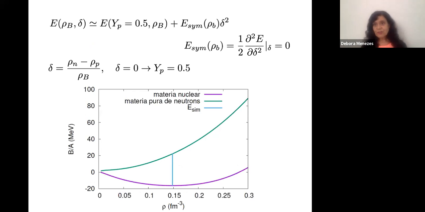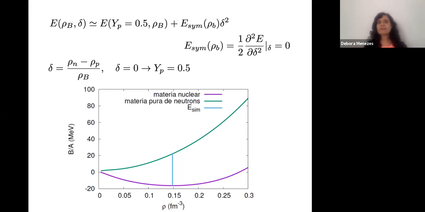And then there is another ingredient which is very important, that's the symmetry energy. How do we define this quantity? The energy of the system in terms of its baryonic density and its asymmetry, which I'm going to call delta, is proportional to the energy of a symmetric system plus the symmetry energy times delta squared.